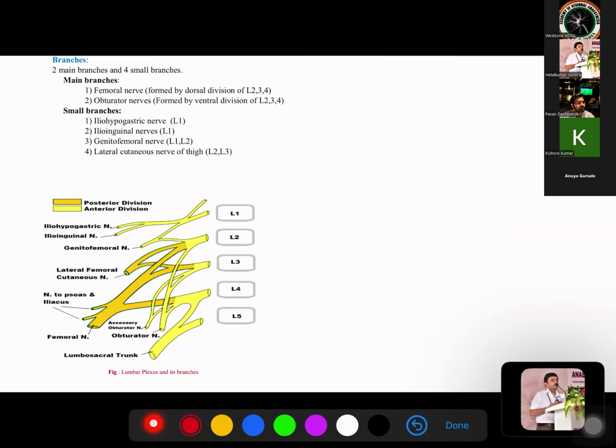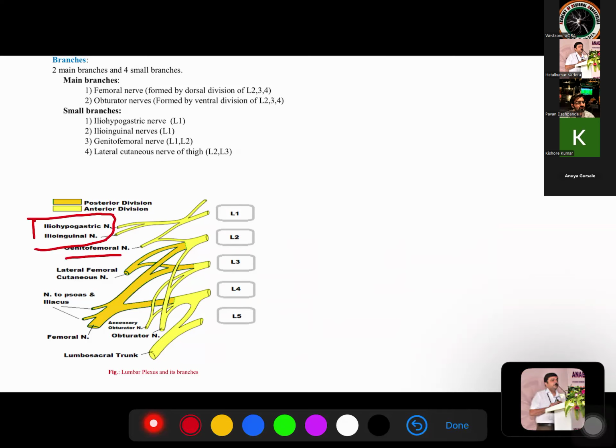In the lumbar plexus, L1 gives rise to the iliohypogastric and ilioinguinal nerves, and then L1 and L2 give rise to the genitofemoral nerve.